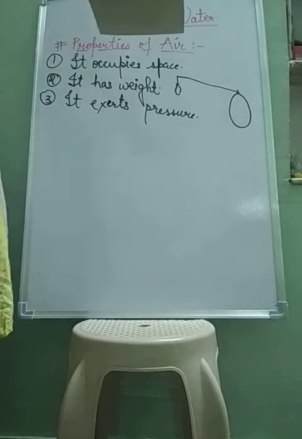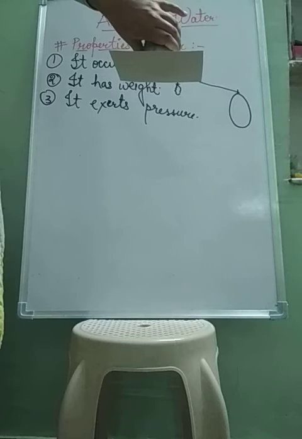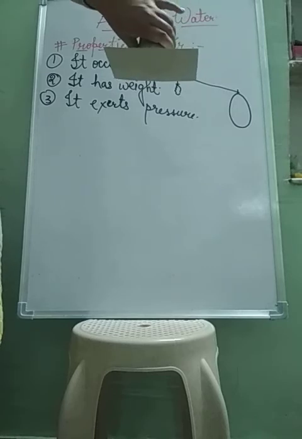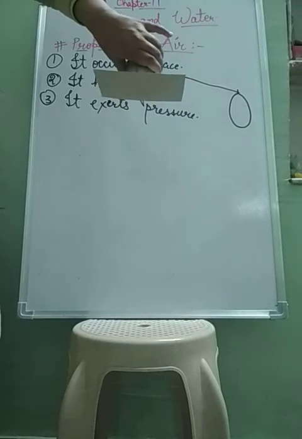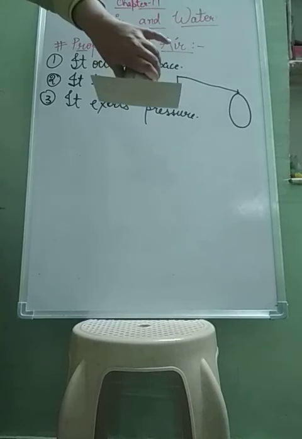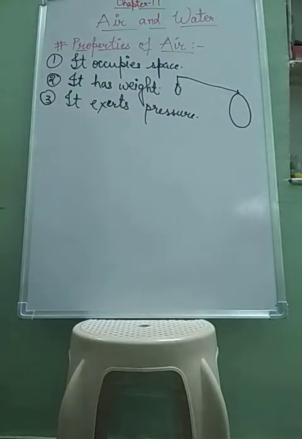Now see, I have already removed my hand, but air is exerting pressure on the cardboard, which keeps it tight against the glass surface. Isn't it interesting? This cardboard is not coming off the glass. So this shows that air exerts pressure. Okay, students?